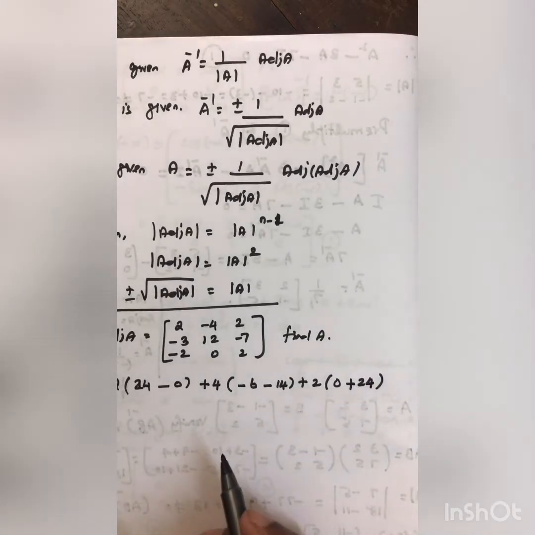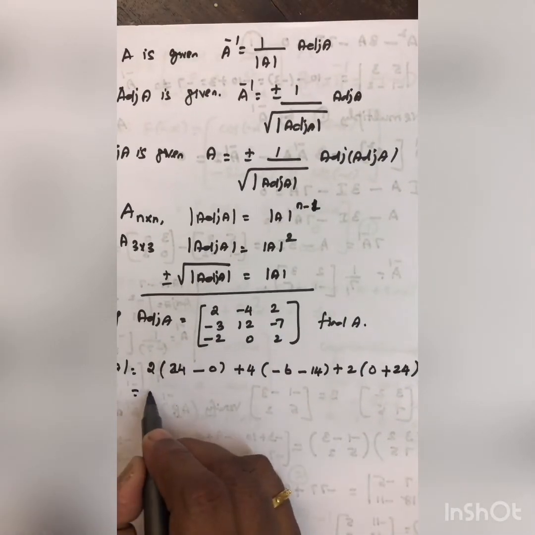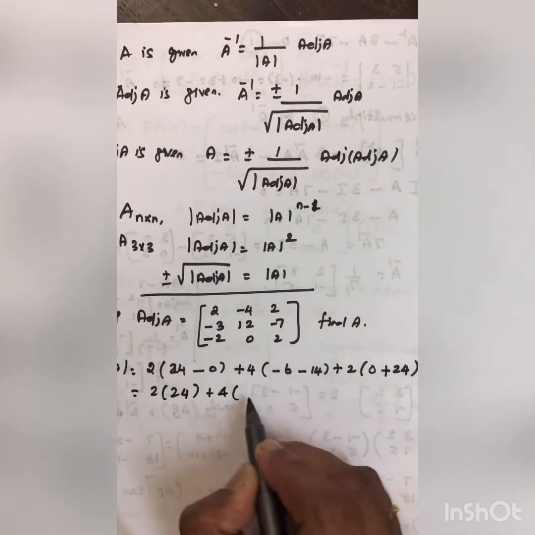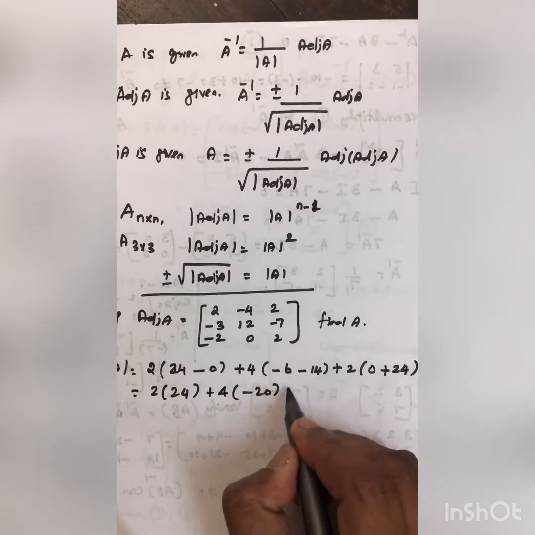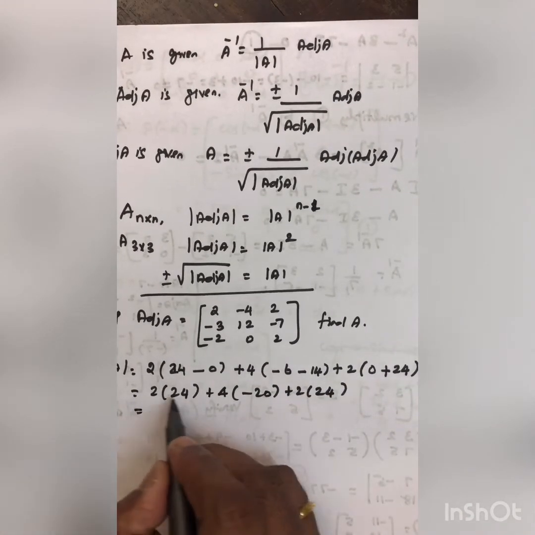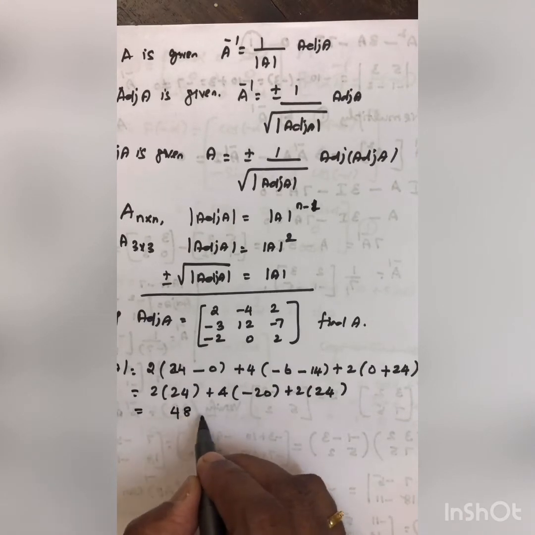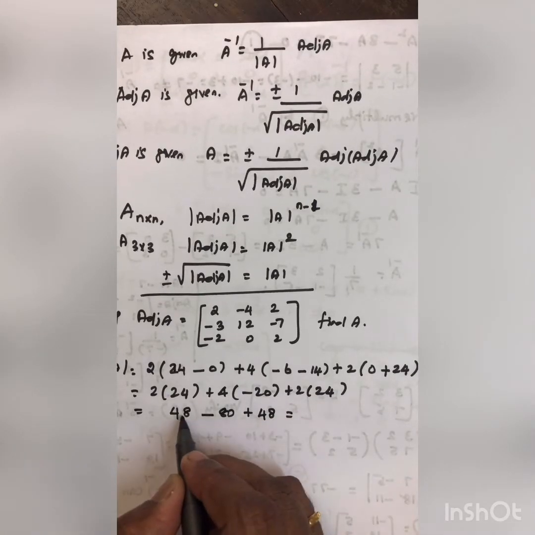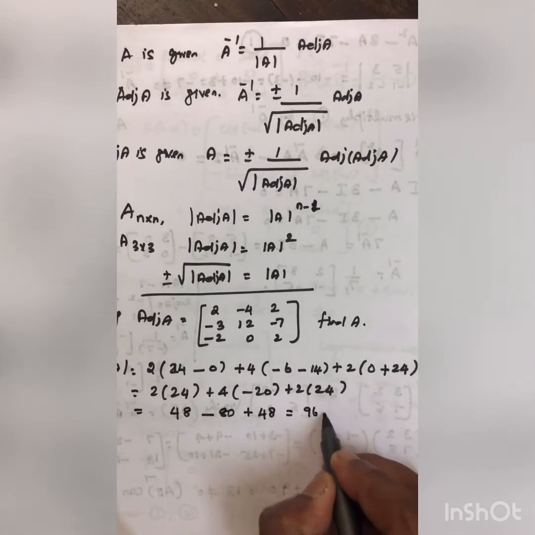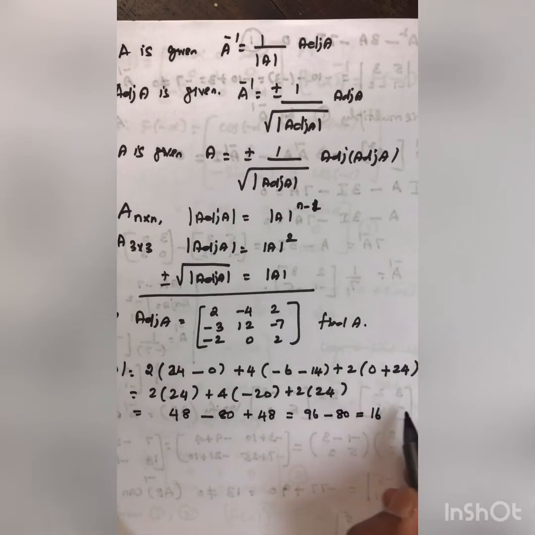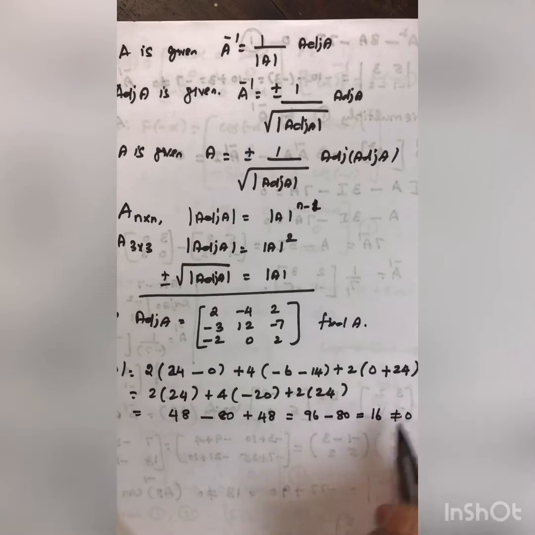Simplifying: 2 into 24, plus 4 into minus 20, plus 2 into 24. This is 48 minus 80 plus 48. 48 plus 48 is 96, minus 80, so this is 16, which is not equal to 0.